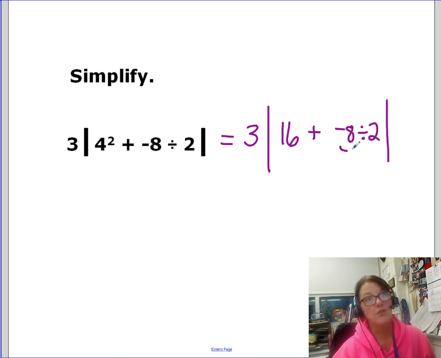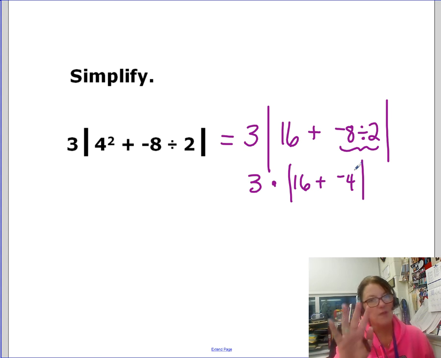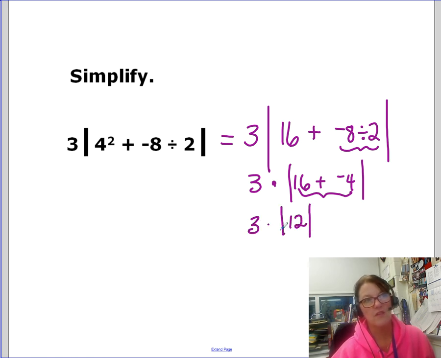I have to do this division first. This is a negative number. This gives me 16 plus negative 4 inside the absolute value symbol. Don't perform the absolute value part until you evaluate this expression. That gives me 12. 3 times the absolute value of 12.